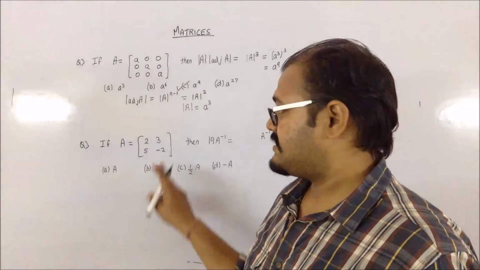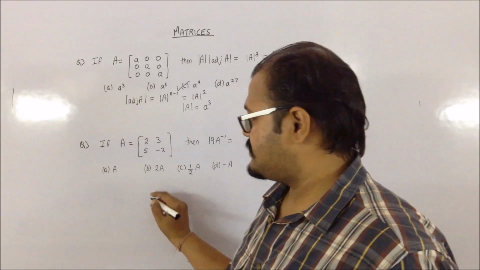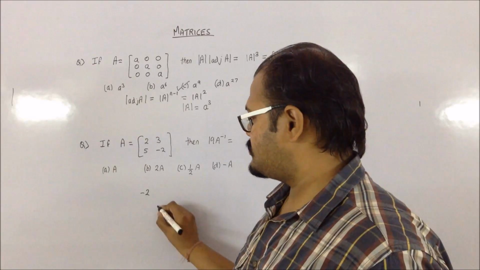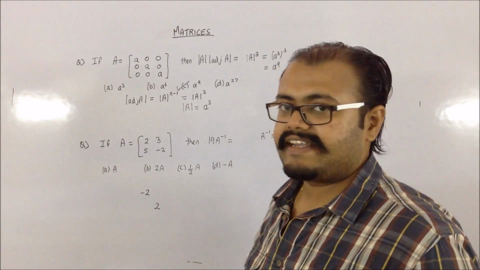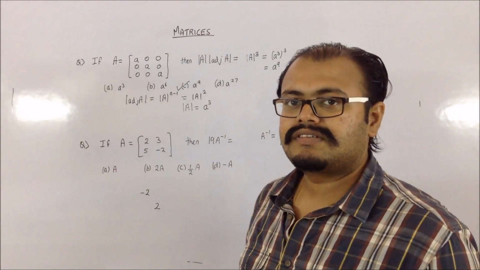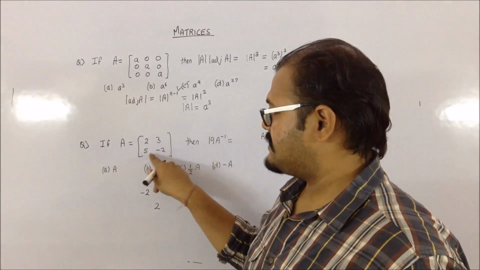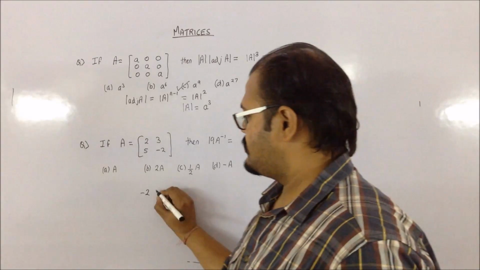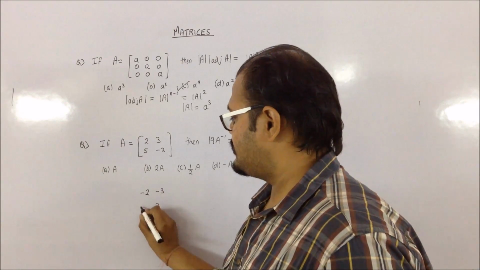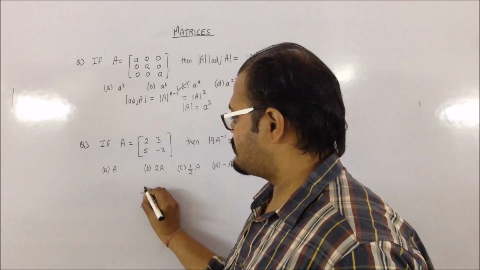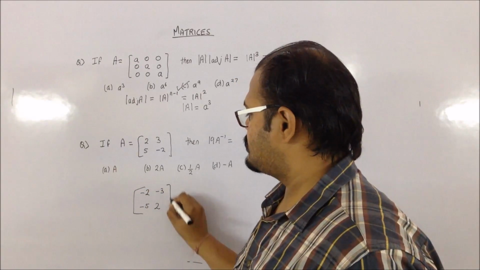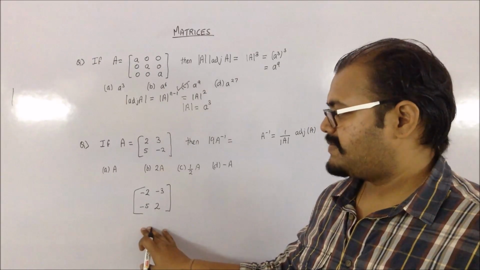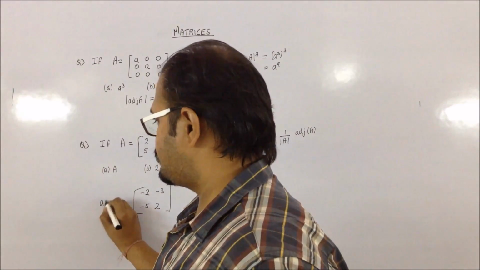What you do is you consider the diagonal elements and swap them. So you will have the first element as minus 2 and the second diagonal element will be 2. Then you consider the non-diagonal elements and multiply them with minus 1. So you will have minus 3 and minus 5. So this is what is going to be my adjoint of A.